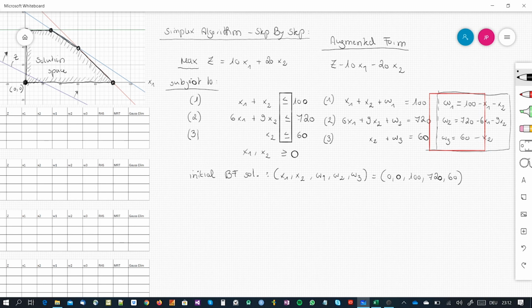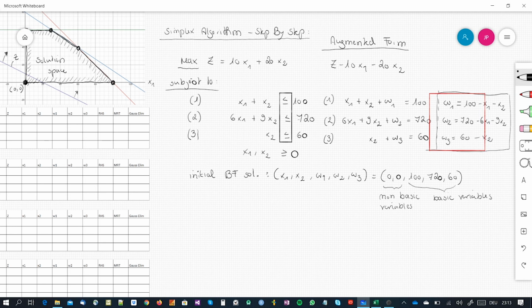Let's shortly introduce some wording for the simplex algorithm. We call in our initial basic feasible solution the variables that are set to 0, which are our decision variables, the non-basic variables, because they don't pertain to the basic solution, and our slack variables, which give the slack to the constraints from this first initial basic feasible solution, are the basic variables.